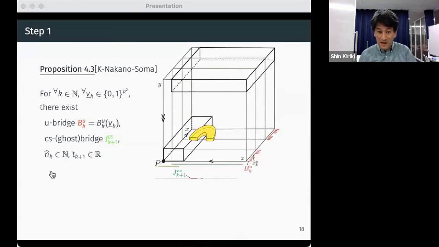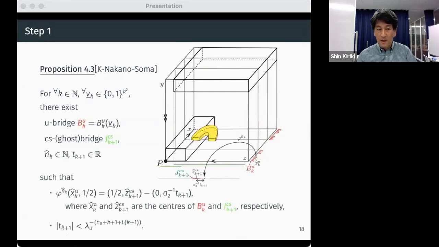And we have the natural number n hat k and real number tk plus 1 such that the projected dynamics phi to the power of n hat k image of the middle point of the unstable bridge is located at the A2 inverse tk shifted from the middle point of the JCS of the next generation.